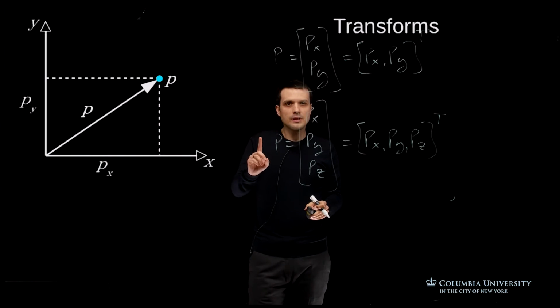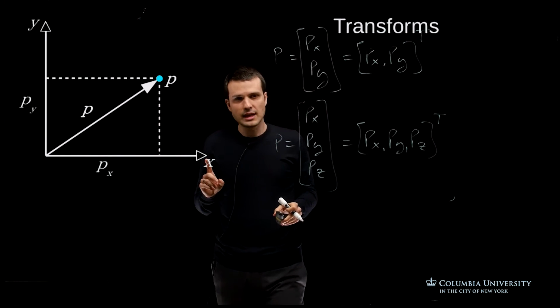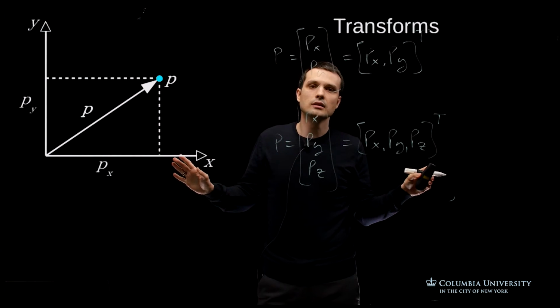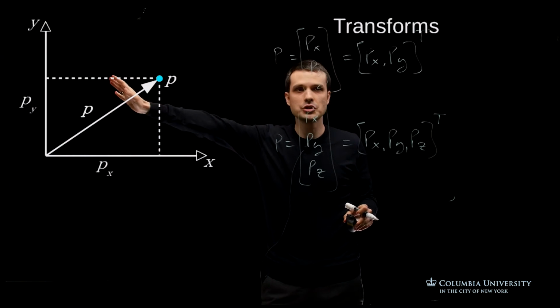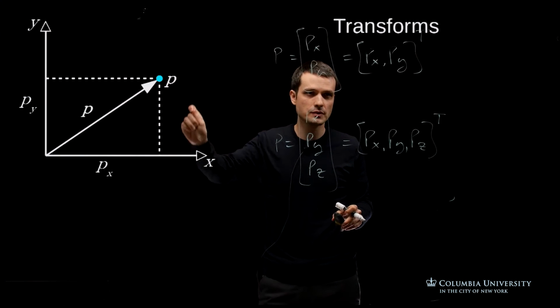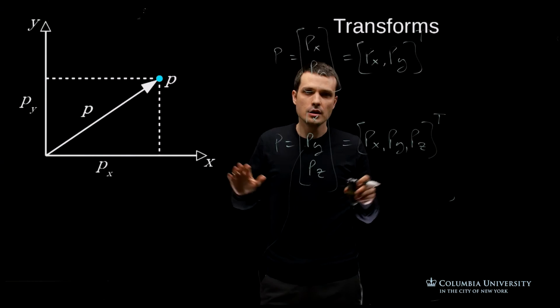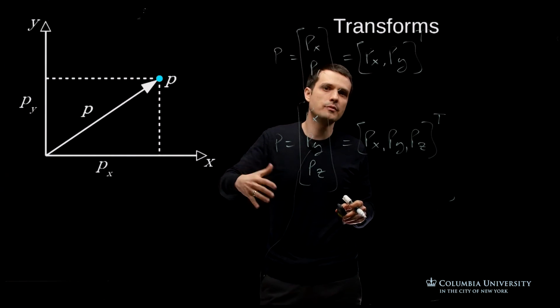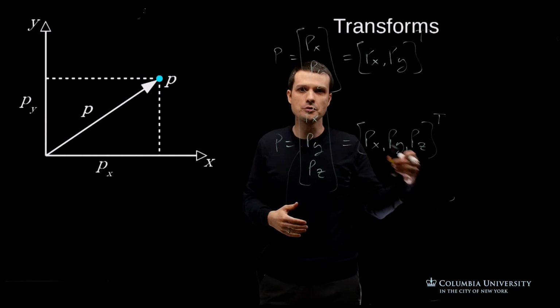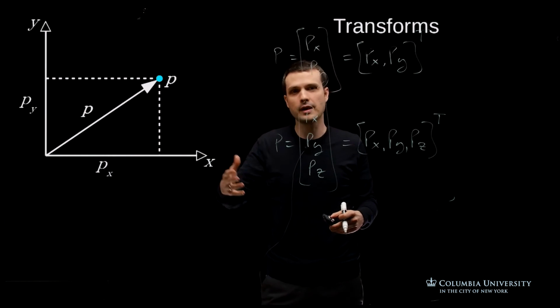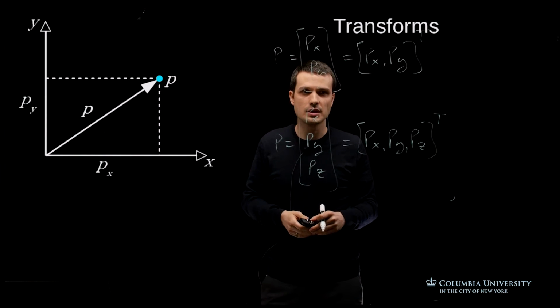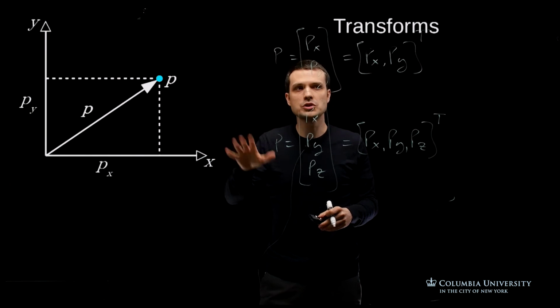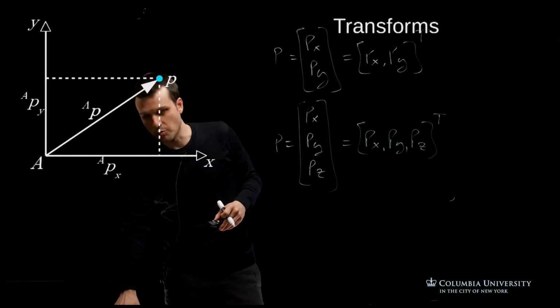But the one thing that is important to remember is that we don't have a single coordinate frame. So here we're showing one coordinate frame and the position of the vector P in that coordinate frame. In robotics, there are numerous coordinate frames. There is a coordinate frame for the robot, a coordinate frame for the room, a coordinate frame for the end effector, many coordinate frames. So we have to keep track of which coordinate frame we're talking about at any given point.